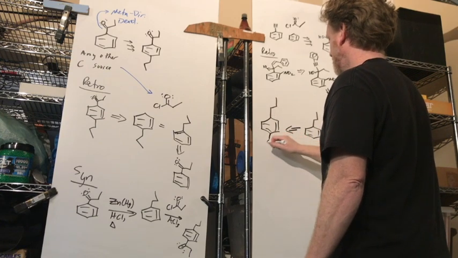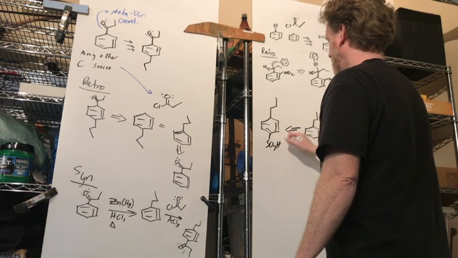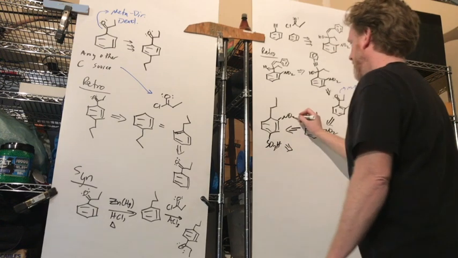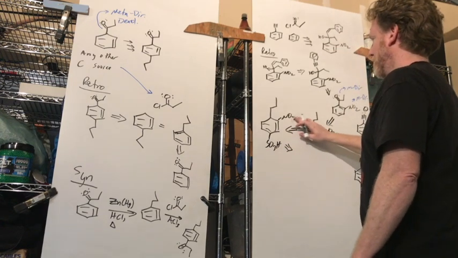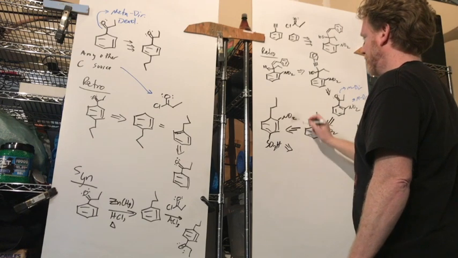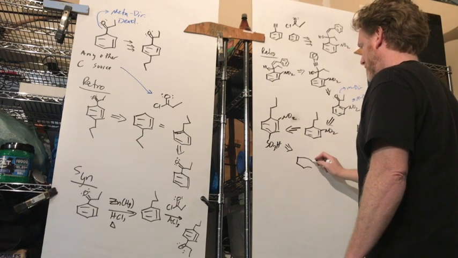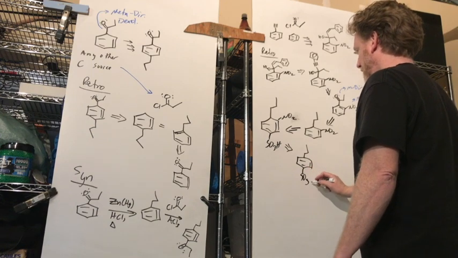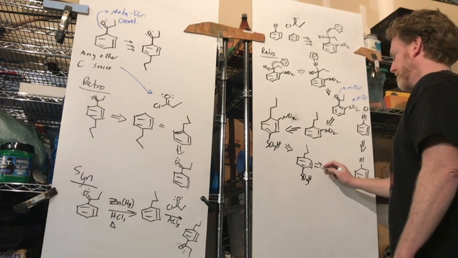Pretty awesome, huh? This problem was not messing around. And that nitro group then was put on after the sulfonation blocked para.